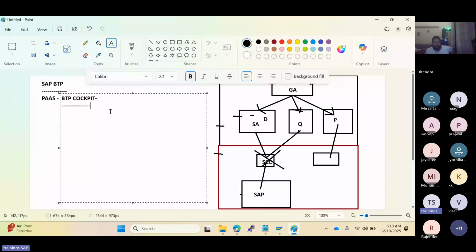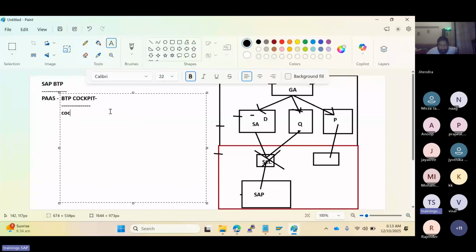The URL for BTP cockpit is like https://cockpit.btp.cloud.sap. This is for the enterprise accounts. For trial accounts, a trial URL, trial.hana.ondemand.com, will come.